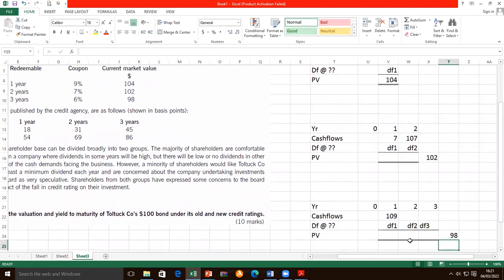And this one, what's the rate? That is a 6, that is a 6, and that is 106.